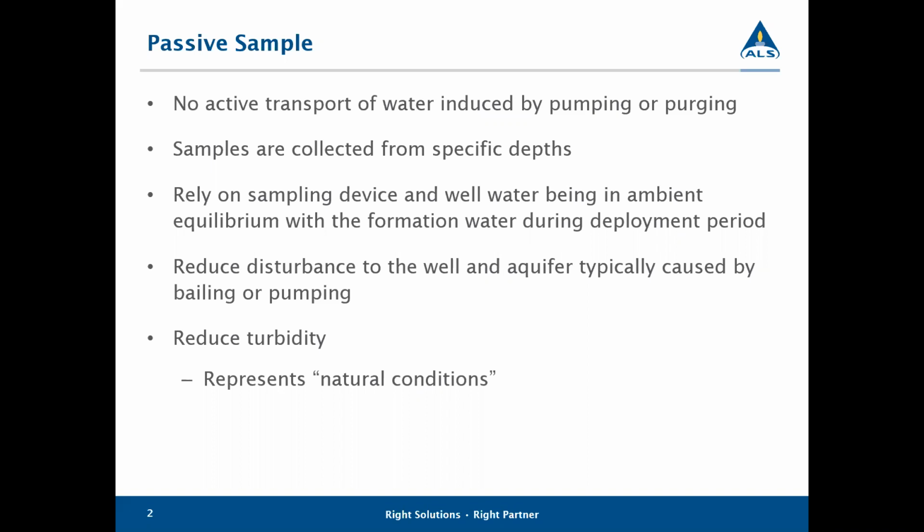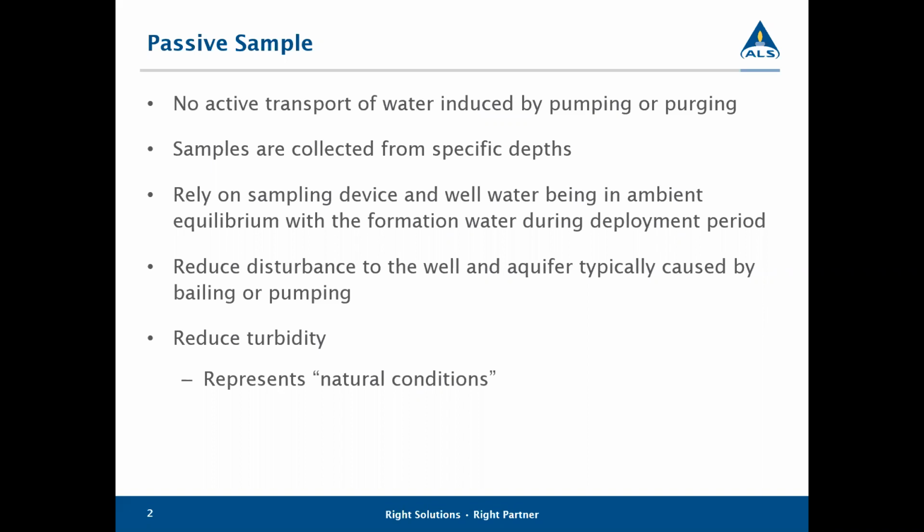Passive samplers rely on diffusion as the primary process that drives their collection of chemical constituents. So we're going back to basic chemistry here. Chemicals tend to move or diffuse from areas of higher concentration to areas of lower concentration. This diffusion leads to an equilibrium concentration being reached. So our passive samplers have type 2 DI water inside them, which reaches equilibrium with the ambient water in the well.